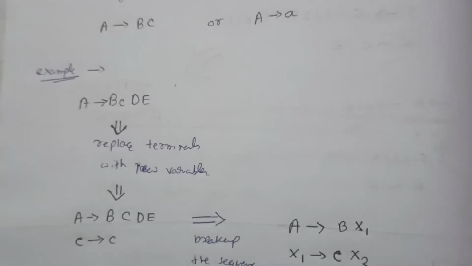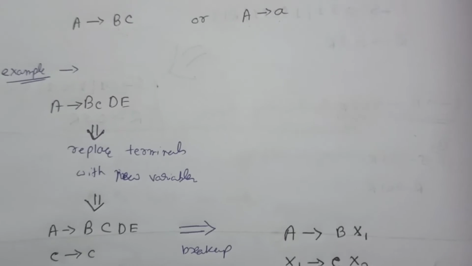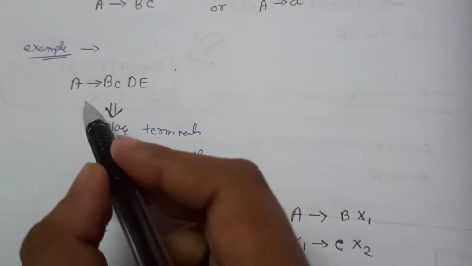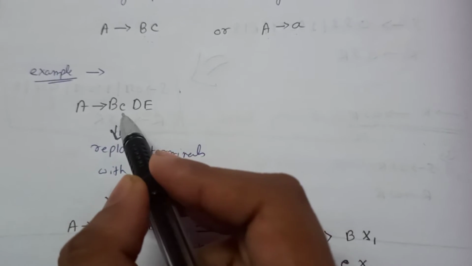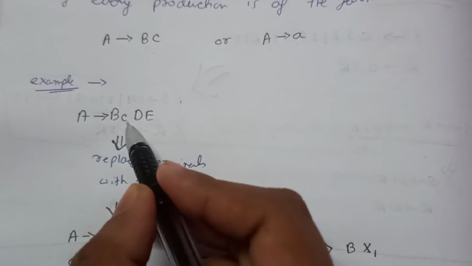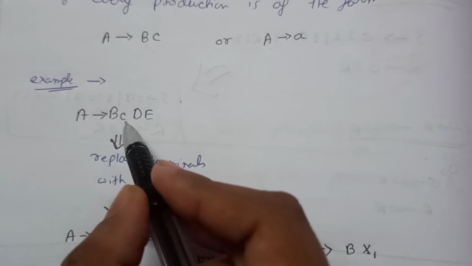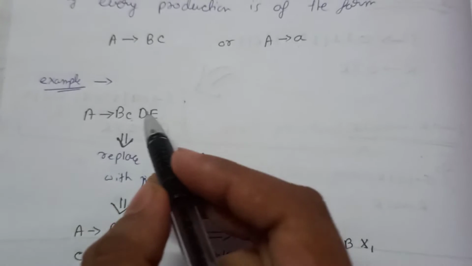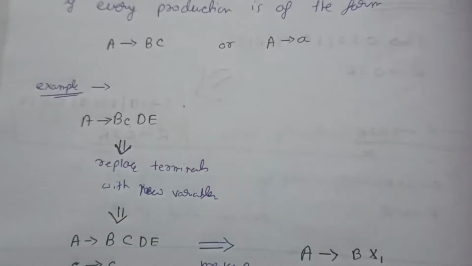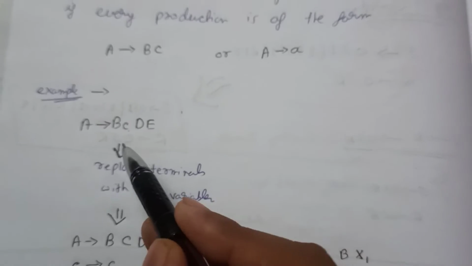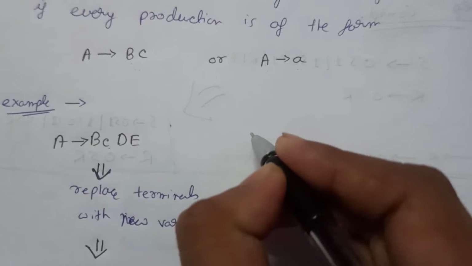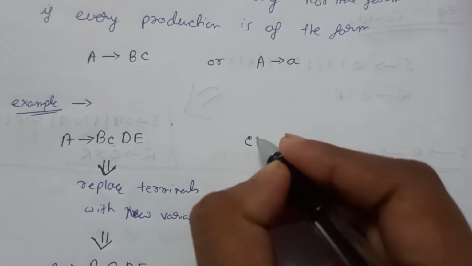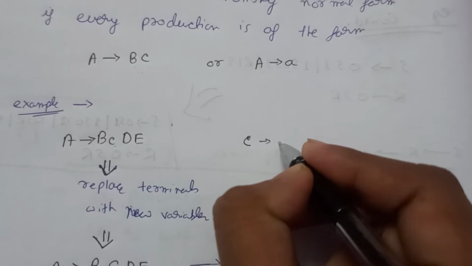So let's take an example and see how to do that. Suppose the production rule A to B c D E. Here this small c is the terminal. I suppose you already know that we write terminals in small letters. So we can convert this c into a production rule from capital C to small c.